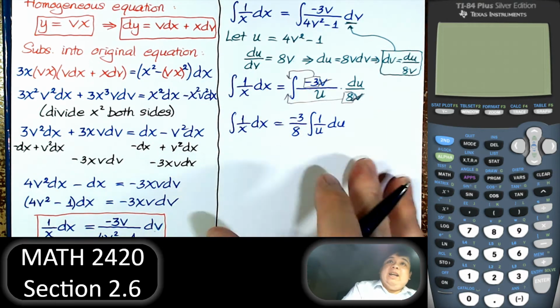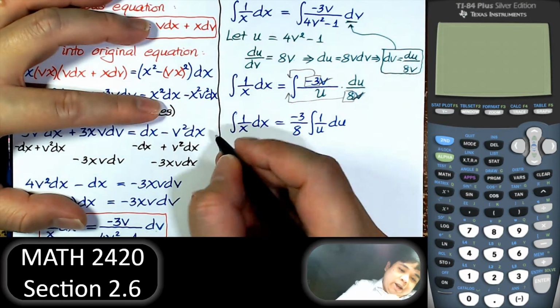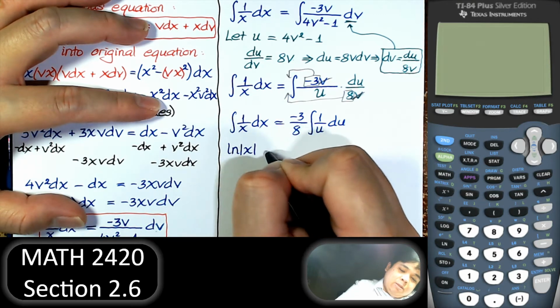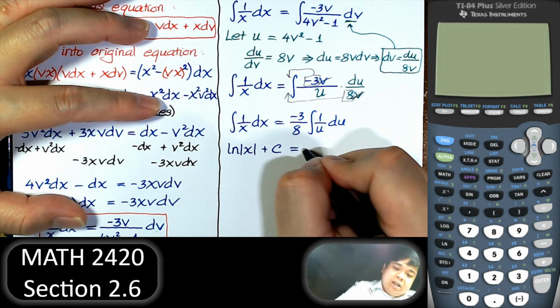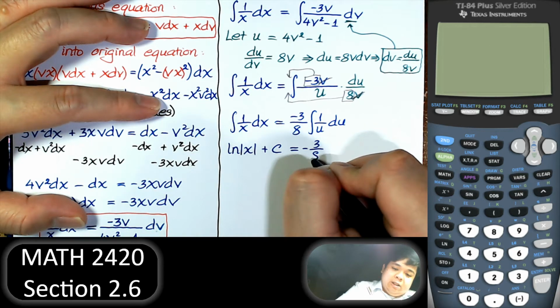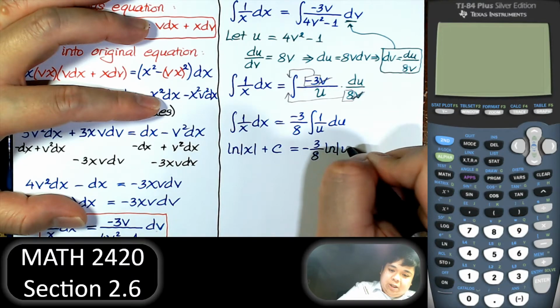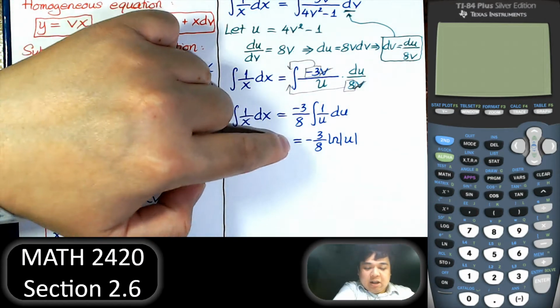Now we can integrate both sides. Integral 1 over x is ln of absolute value of x plus c, and here we can write negative 3 over 8 ln of u. We only need c on one side. I keep c on that side.